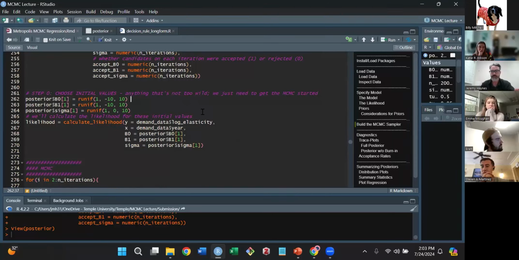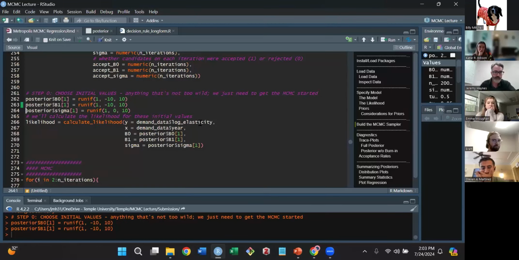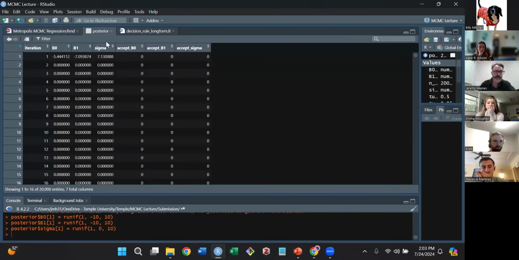It just needs to be something reasonable. And in fact, if your MCMC is good, it'll get away from the unreasonable values. You'll notice we have our initial values for these parameters thrown right in here. So we basically already have iteration 1 specified for these parameter values.